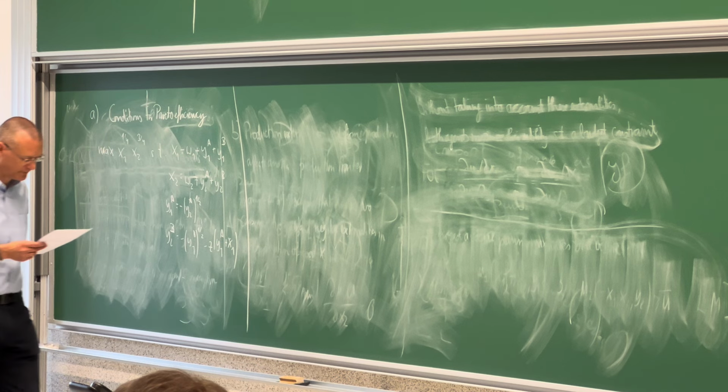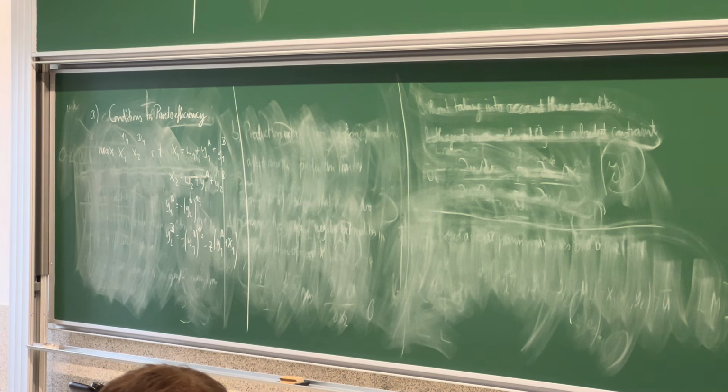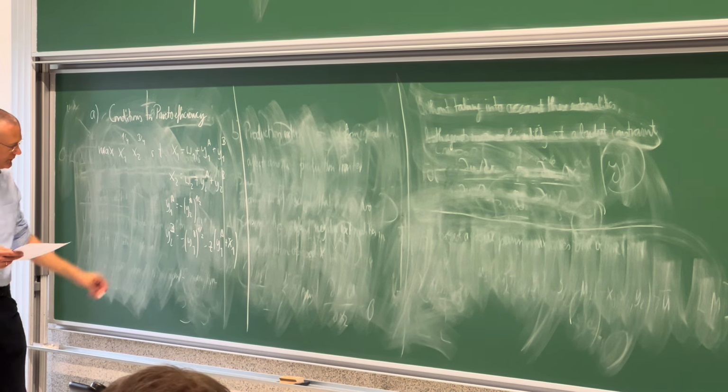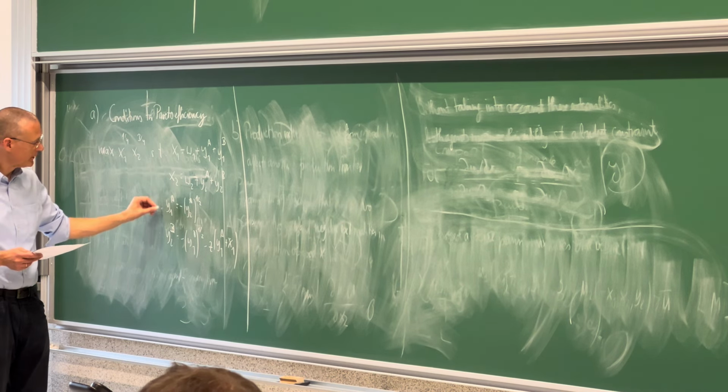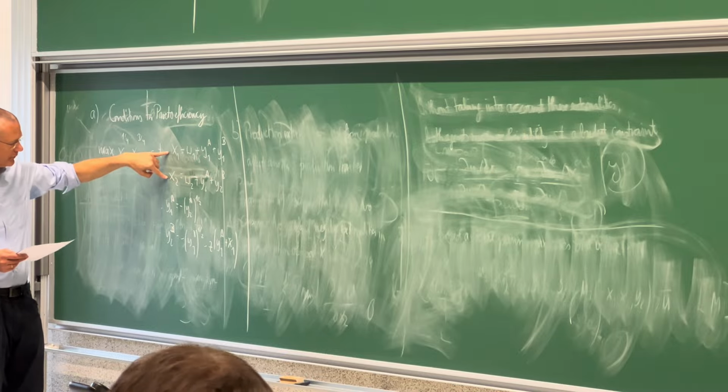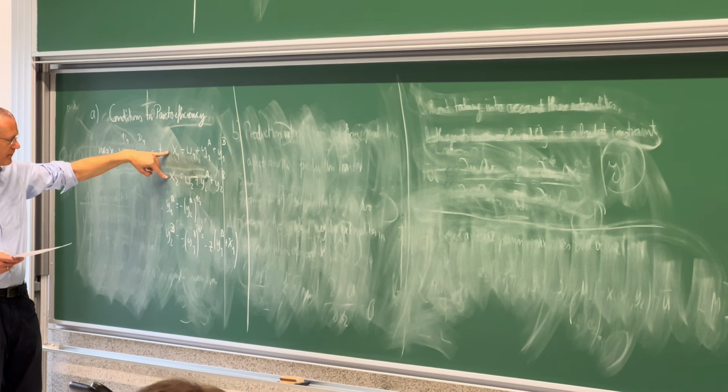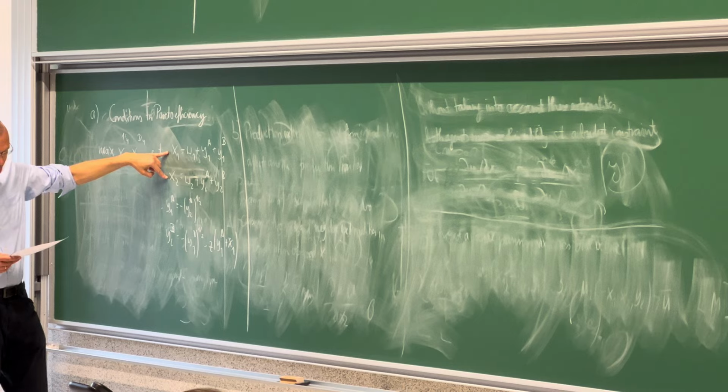There are 4 constraints. So I will reduce this to 2 constraints by plugging the production functions into the market clearing conditions for the resources.